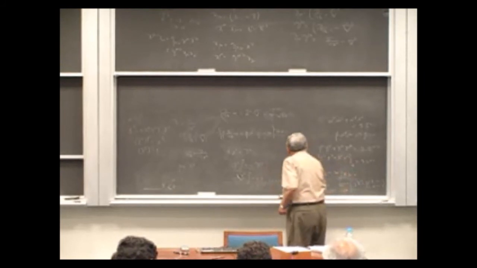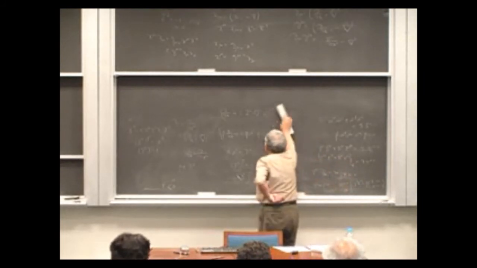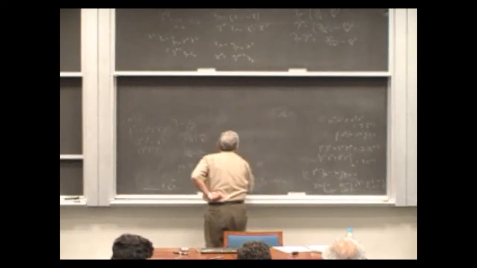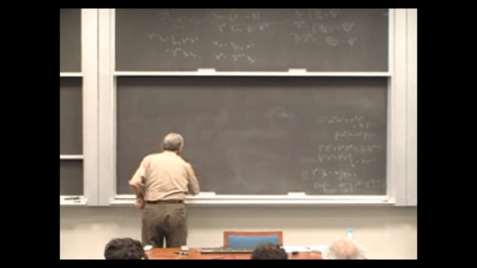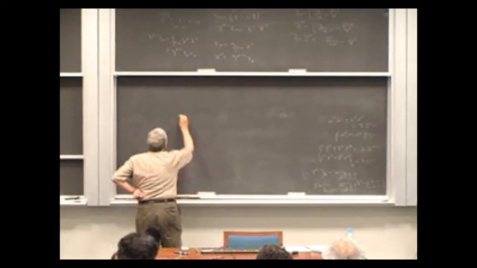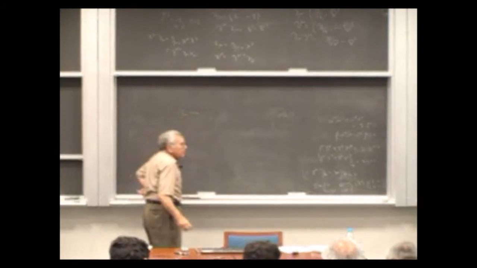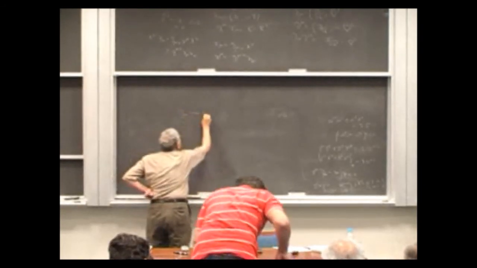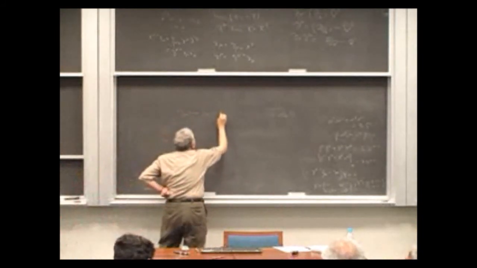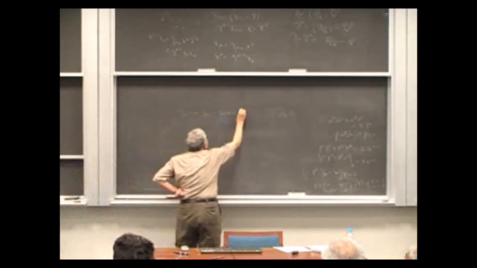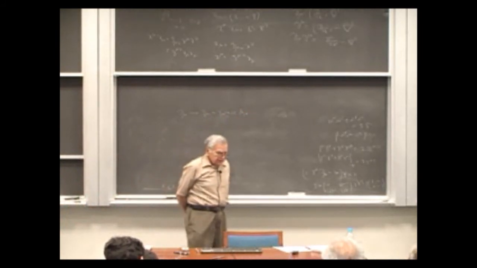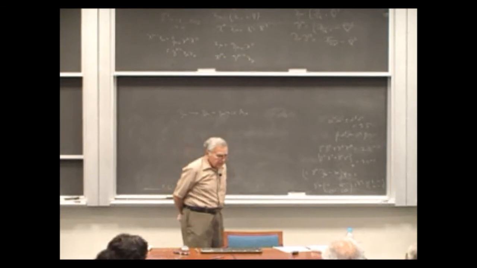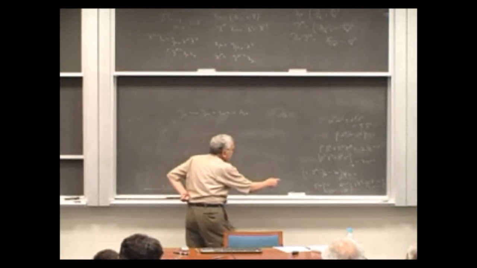So we have this equation, and let me introduce electromagnetism using gauge invariance. So we replace this by the covariant derivative, and then you can write this equation, which I have written here.